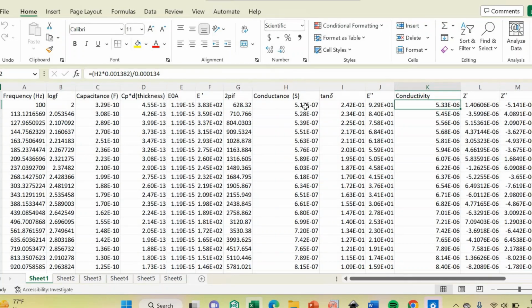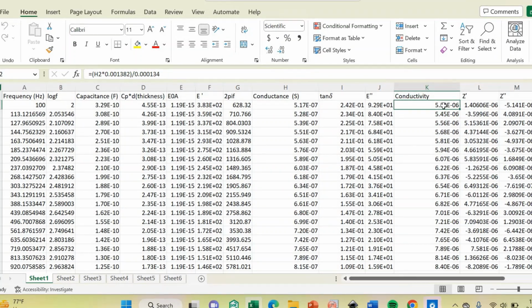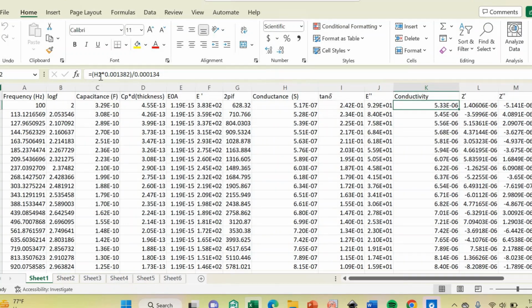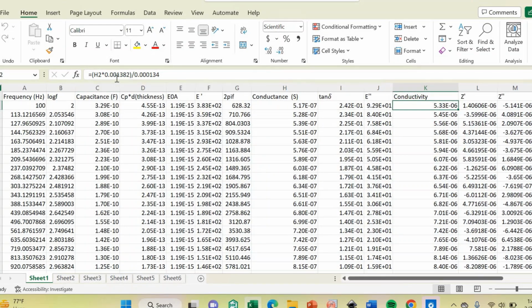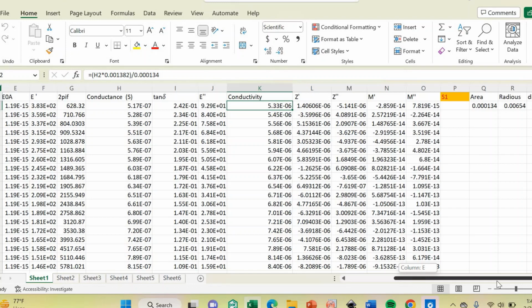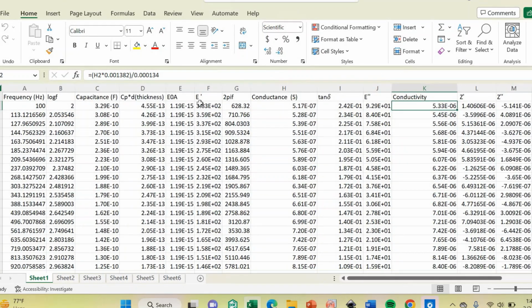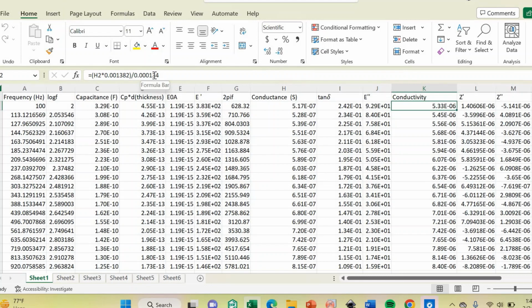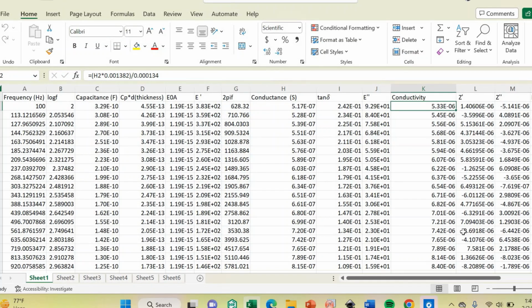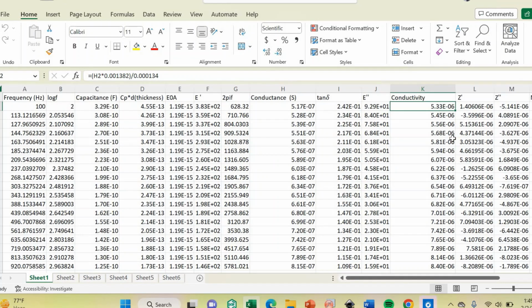You have to measure the conductivity using this formula: H2, the conductance, into 0.001382, the thickness of your pellet, divided by 0.000134, the area of your pellet. With this formula you can easily calculate the conductivity of your pellet.